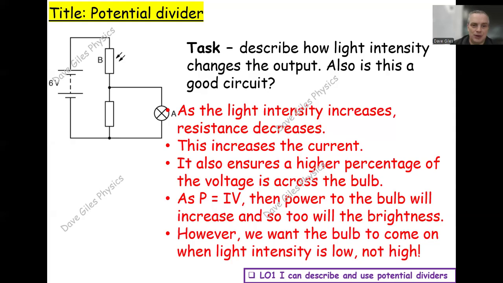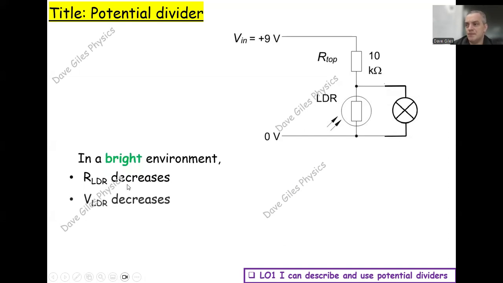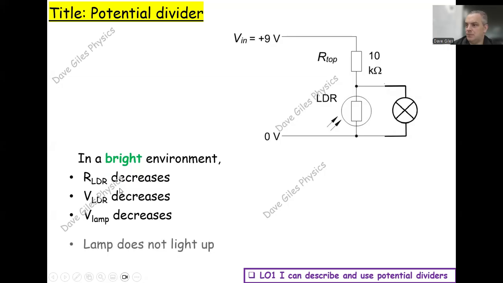If you were to redesign that circuit, you would switch it so that the bulb is in parallel with the LDR. In this circuit, in a bright environment, the resistance of the LDR decreases, the voltage across the LDR decreases, the voltage across the lamp decreases, so the lamp does not light up.